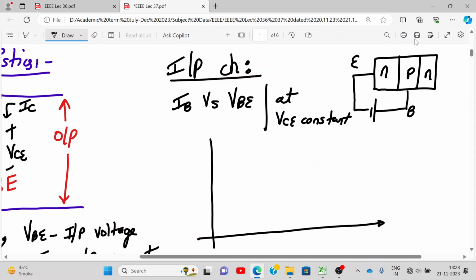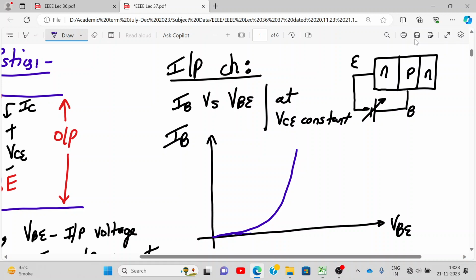Whatever I write first will come on the y-axis, and whatever I write next will come on the x-axis. So it will be IB, which is on the y-axis, versus VBE. Understand this, this is also very, very important. And I told you, it's like a PN junction, right? Base emitter, you apply the supply voltage, which is forward bias, and you will get a characteristic looking like this. See, exponential. It's like a PN junction, right?